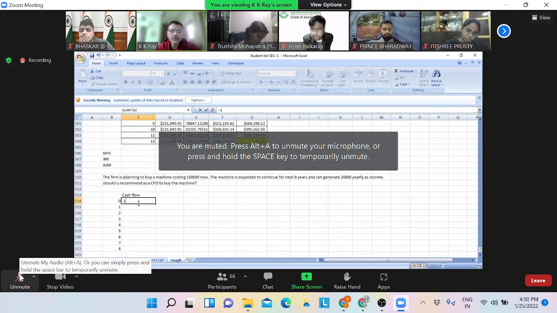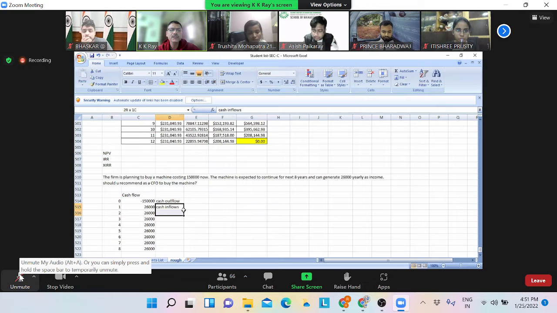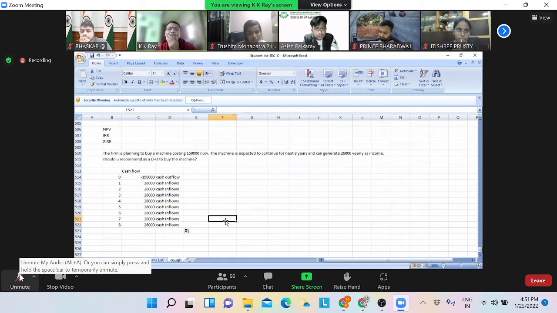Now I need to put 1,50,000 as investment. If I am putting this one, then every year I am going to get 26,000 as inflows. So this is cash outflow, and these are my cash inflows. In future, my yearly cash inflows are like this. Should you recommend to buy the machine?